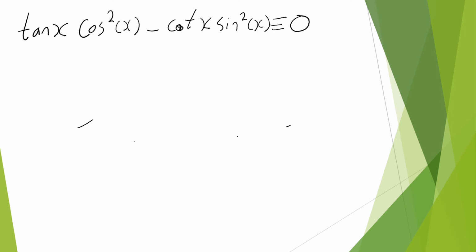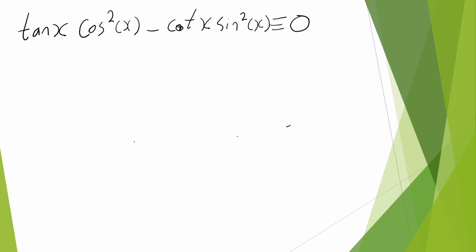As we said, proving an identity is not rearranging. You can't say tan x cosine square x equals cot x sine square x. It doesn't work like that. You must start with one side, whichever is more complicated, and simplify it. The left hand side is more complicated than the right hand side. The right hand side is 0, so you can't do anything with it.